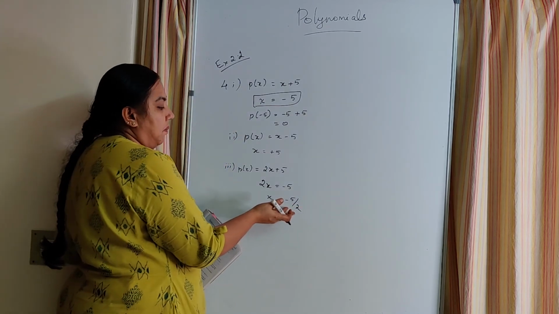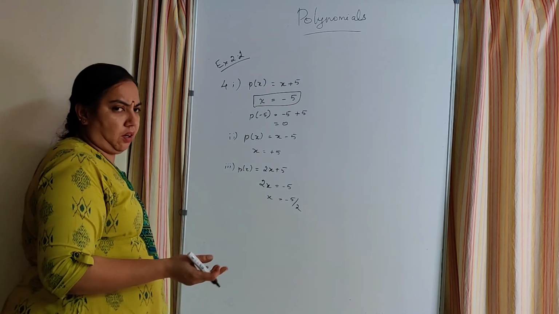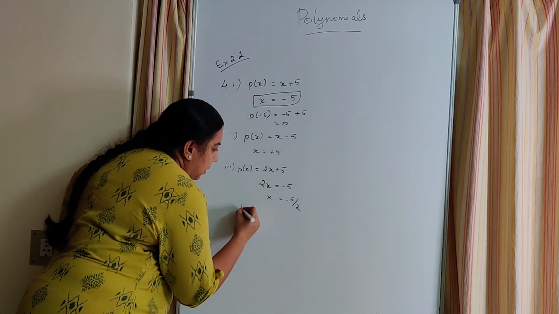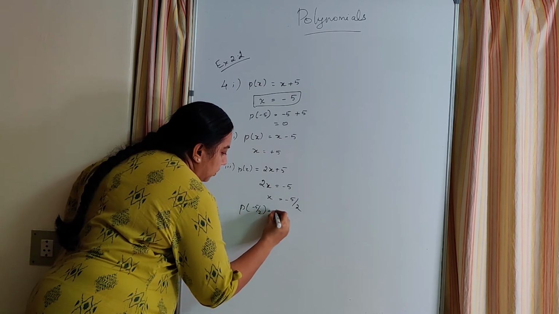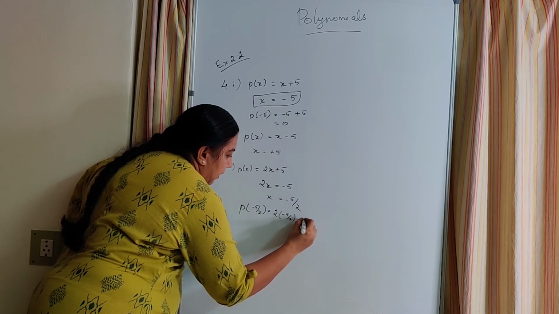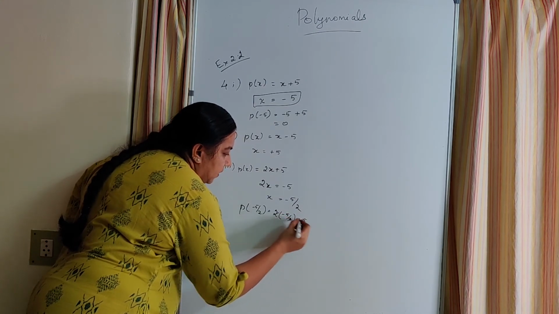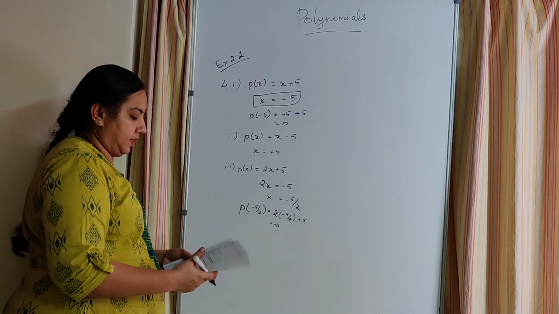So again minus 5 by 2 is the 0 of this polynomial. You can cross check it at any time. Substitute the value, p of minus 5 by 2 is equal to 2 into minus 5 by 2 plus 5. 2 and 2 get cancelled. Minus 5 plus 5 is equal to 0. This is the way how you cross check your answer.